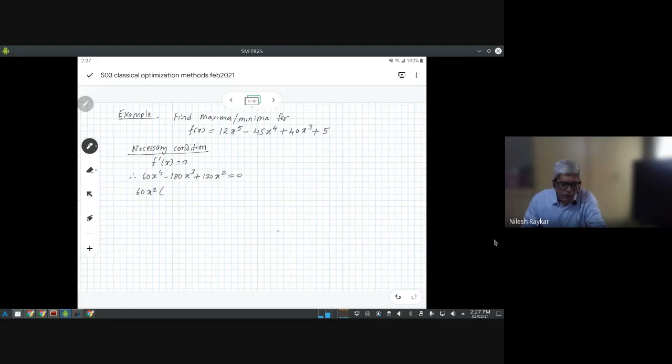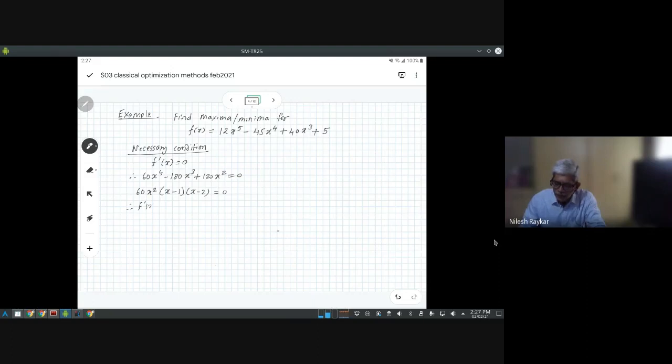So if you factorize this particular polynomial, you will get the answer as follows. So we get 3 points at which the function happens to be 0.